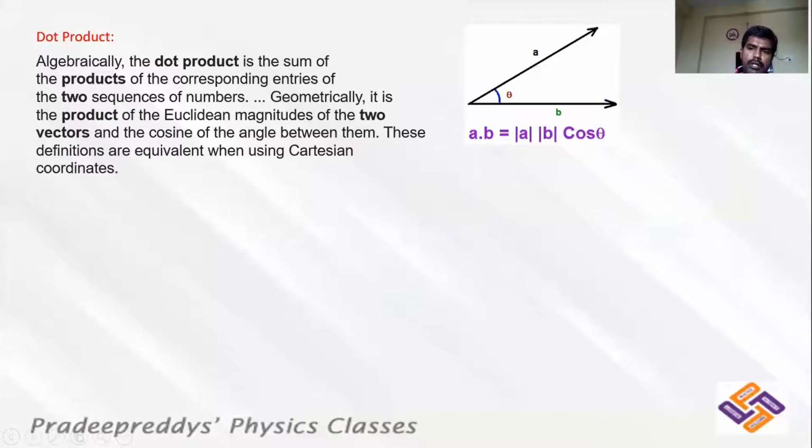Now what does dot product mean? See, you have two physical quantities, one represented with a bar and the other with b bar. We have two different vectors. Say for example, a bar you can take as force, and b bar you can take as displacement.